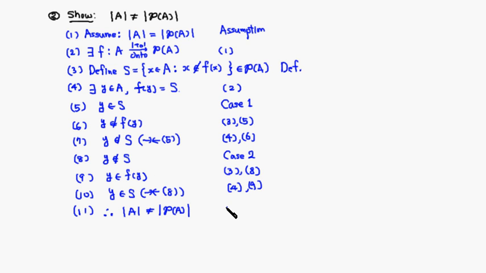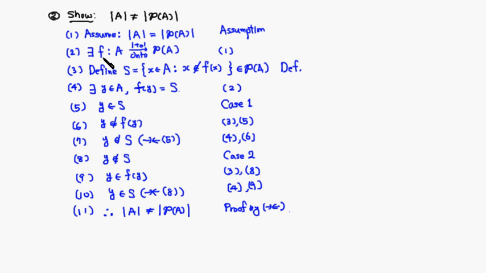This is by proof by contradiction, or you can say negation introduction or something like that. So this proves that the cardinality of A is different from the cardinality of its power set.